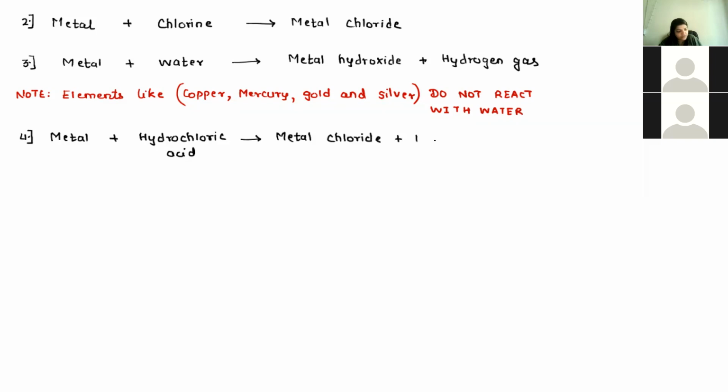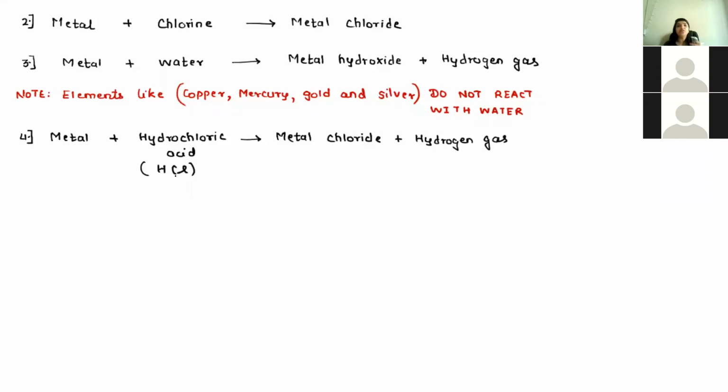plus hydrogen gas. Wait, what's hydrochloric? Hydrochloric acid is the name of an acid which is being produced in your stomach as well. You know, when we eat too much food, or if we starve, we get acidity in our stomach. We get some burning sensation.